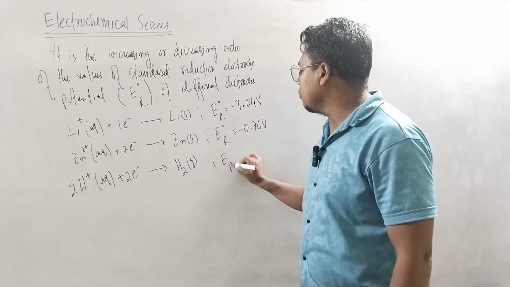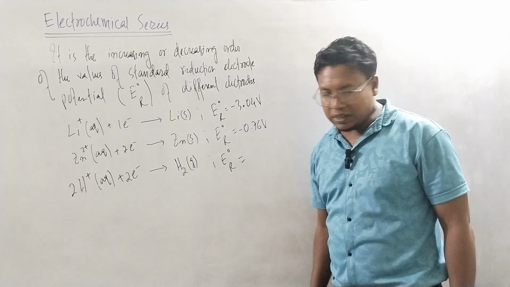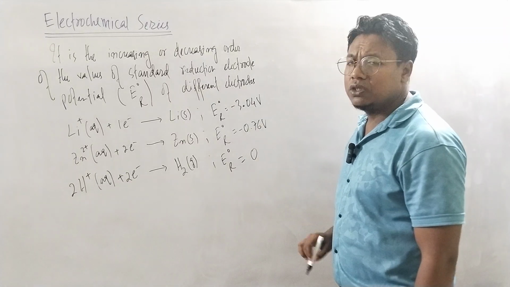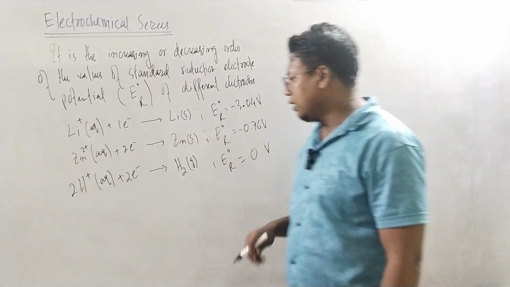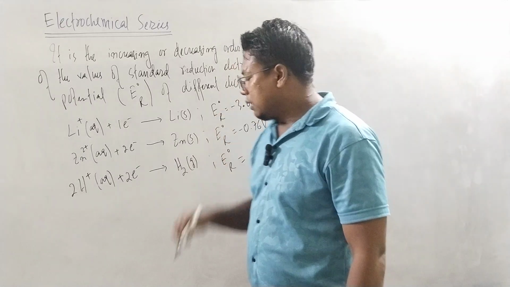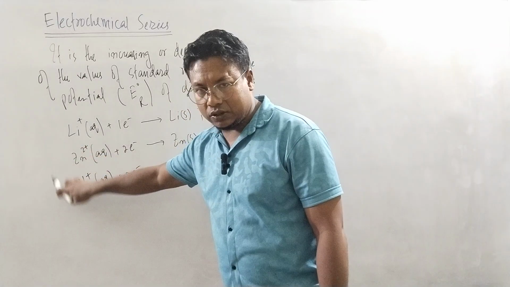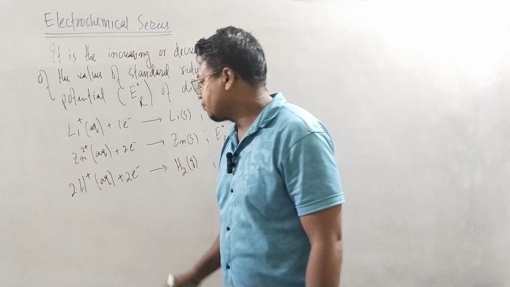Now the standard reduction electrode potential for the hydrogen electrode is taken to be 0 volt. Again between these two electrodes there are many electrodes.